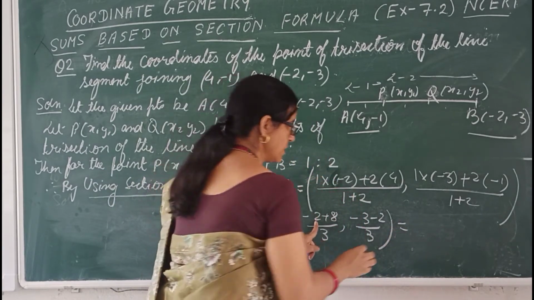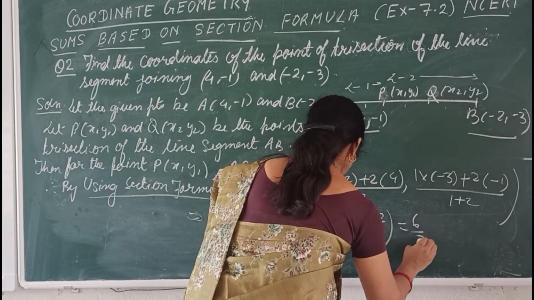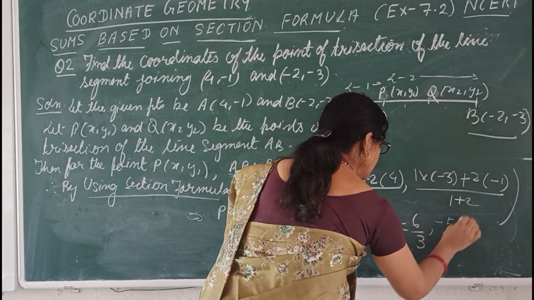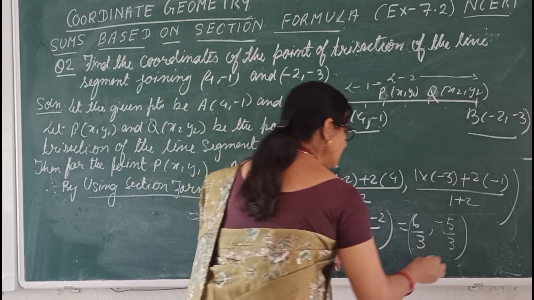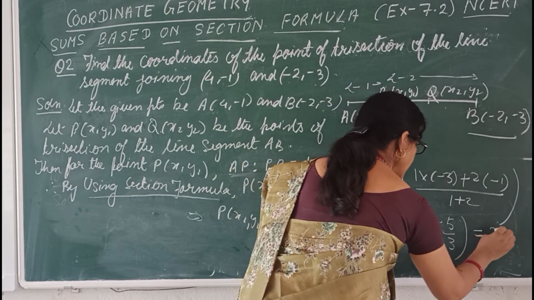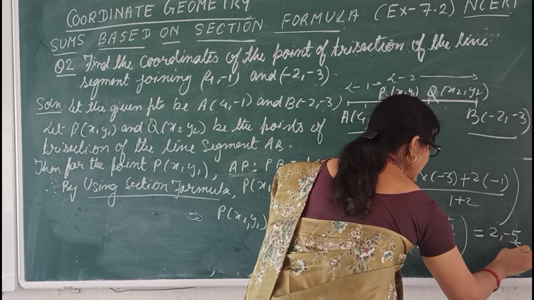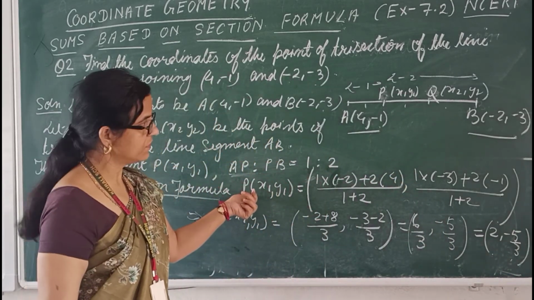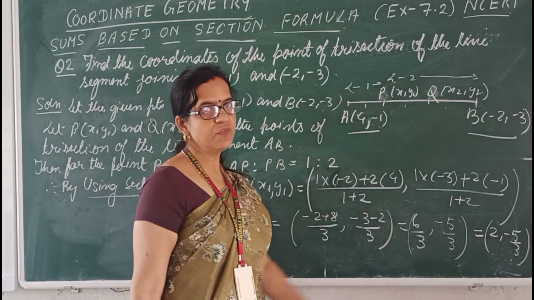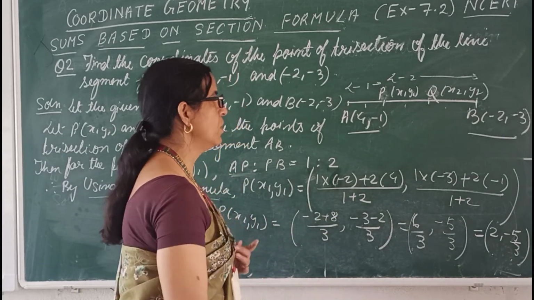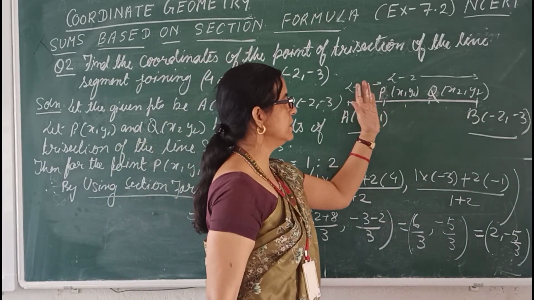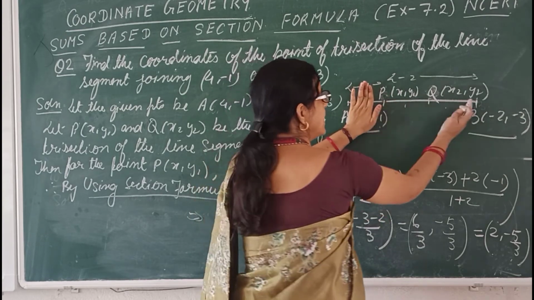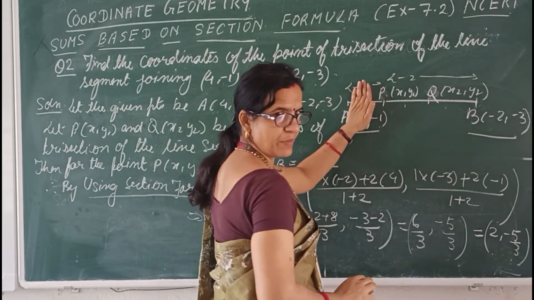So this would be equals to how much? 8 minus 2 is 6 by 3, comma, minus 5 by 3. So this will be equals to 2, and over here minus 5 by 3. So this is the coordinate of P (x1, y1). Now we have to get the value of Q (x2, y2) also. Now we know the coordinates of P, so for the line segment PB, Q will be the midpoint.